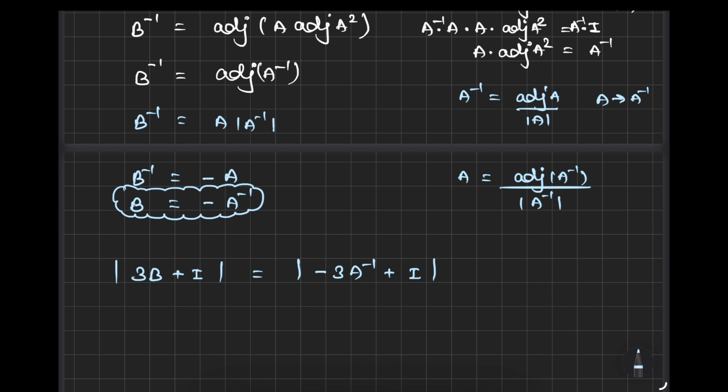Now what I will be doing, I will multiply the numerator. Okay, this question is very beautiful. So what I'll do, I'll multiply numerator and denominator with determinant A. Suppose, okay, and you know that if we multiply, it will multiply with this and then this.